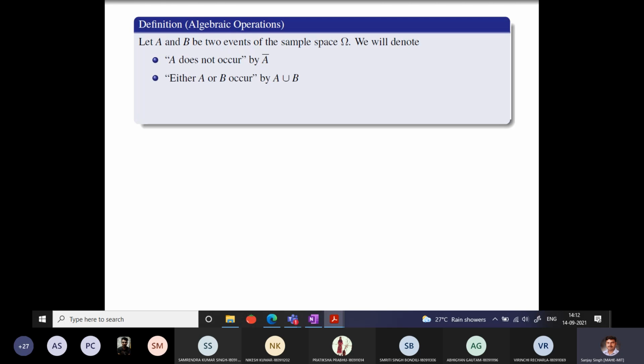A or B, which in probability theory we say as A or B, in set theory we say as A union B. If you say both A and B have to occur, we say A intersection B, which is the set-theoretic approach. If A occurs and B does not occur, this is basically nothing but a set difference, represented by A intersection B complement. So this is what you see normally in probability theory, and this is what it means in notation from the set-theoretic point of view.